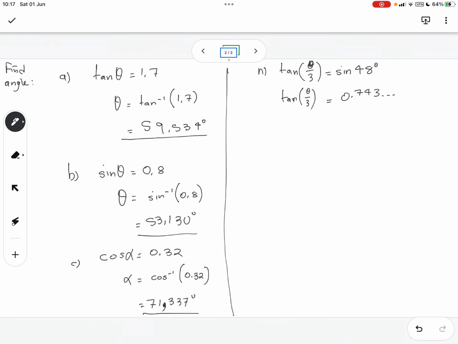Right. So now that we've got the trig ratio, we must now work out theta over 3 by finding the arctan of 0.743. But here, just pay attention. We will need to apply a multiplicative inverse because theta over 3 is a third of theta.